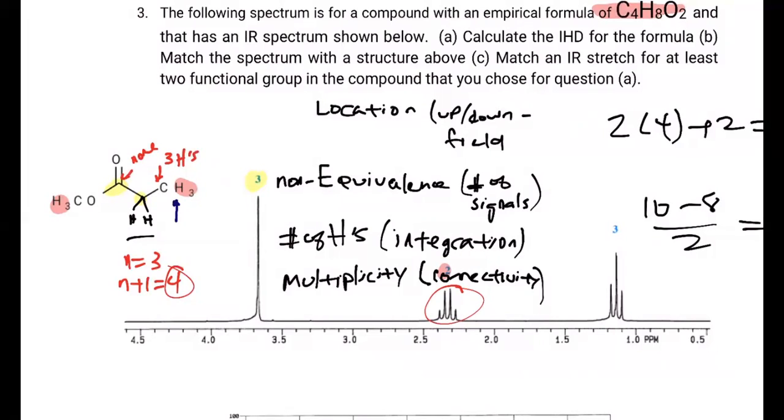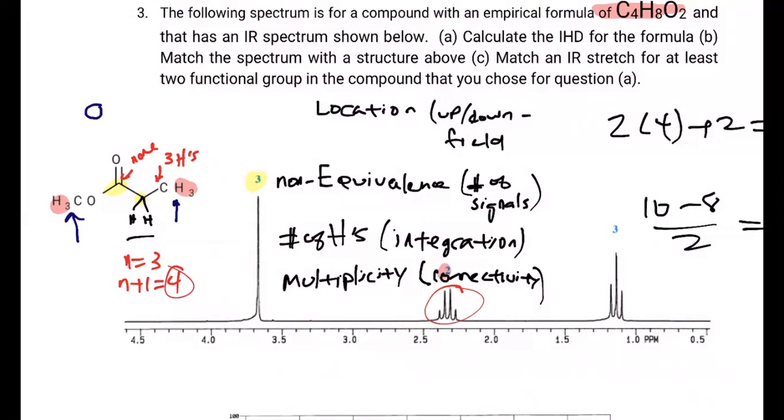Okay. So if it was that one, then it wouldn't be a singlet. Because doesn't that CH3 have 2 neighbors next door? Right. So that signal is not going to be a singlet, and it wouldn't be that far downfield. It's going to be this one, right? Because the structure looks like this.